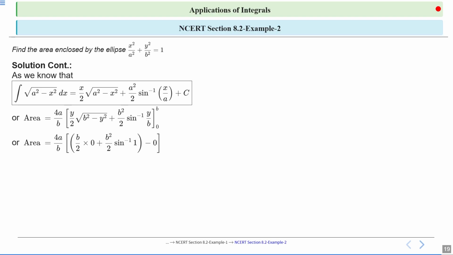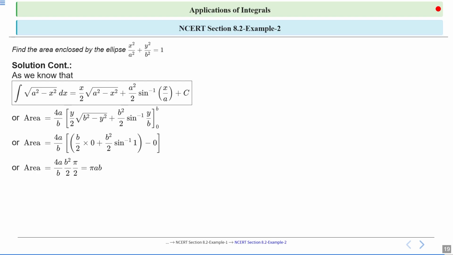So b by 2 times root under b square minus b square, that is 0, plus b square by 2 sin inverse b by b, that is sin inverse 1, minus the value of this antiderivative at 0. When we put 0, it is 0 by 2, that is 0, and b square by 2 sin inverse 0, and sin inverse 0 is 0.